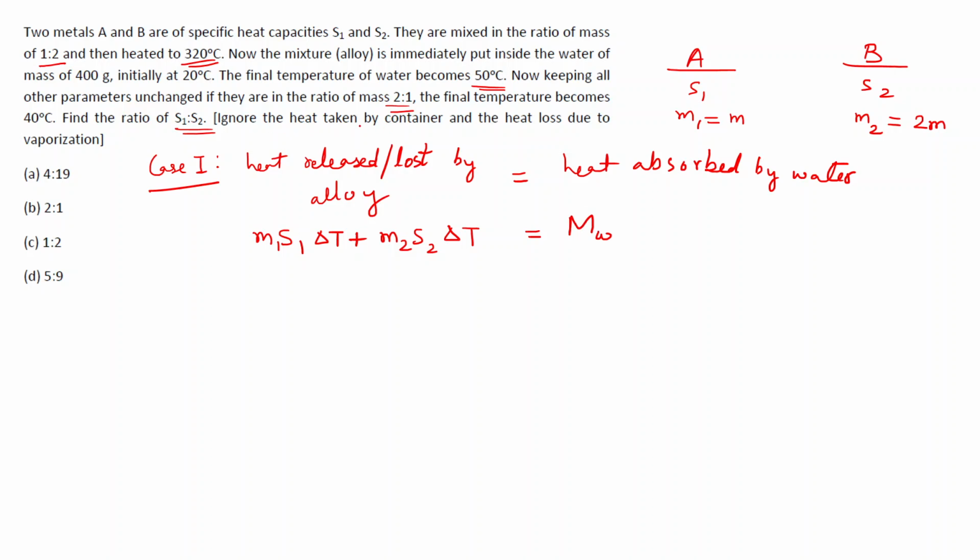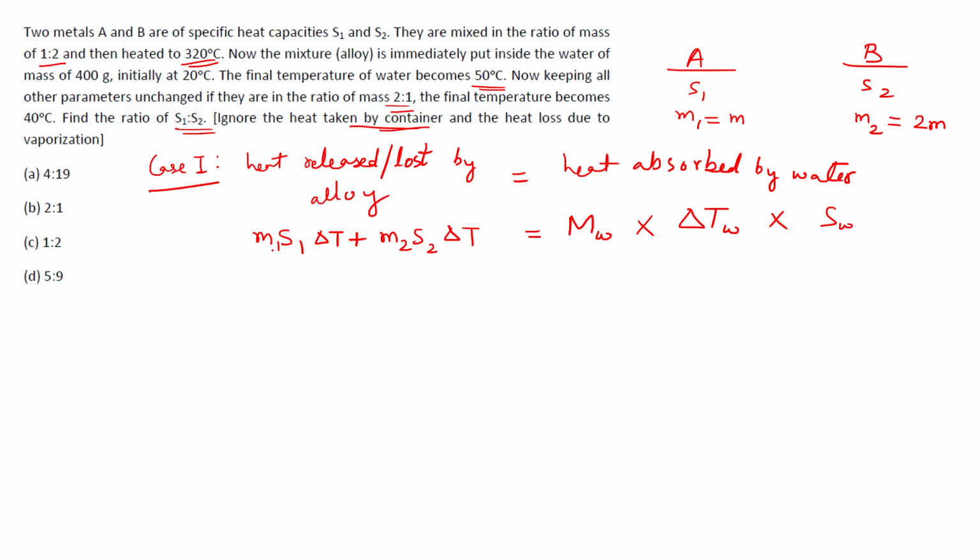Here we have to ignore the heat taken by the container and heat loss due to vaporization. We are assuming that whatever heat was released by the alloy is all absorbed by the water. So mass of water times the temperature difference for water and specific heat capacity for water.